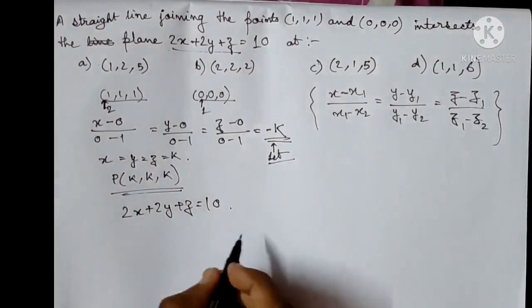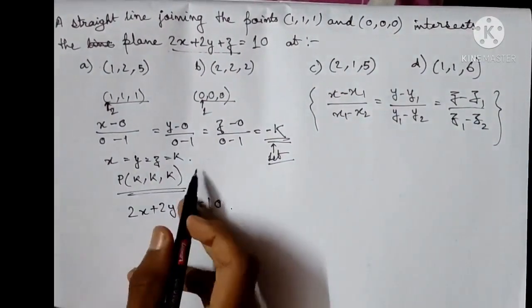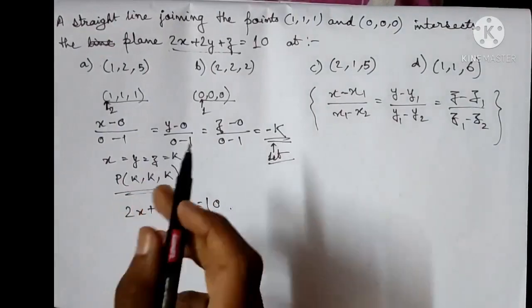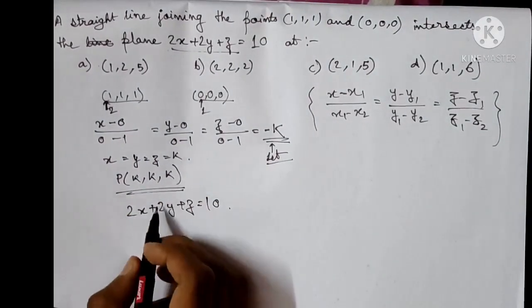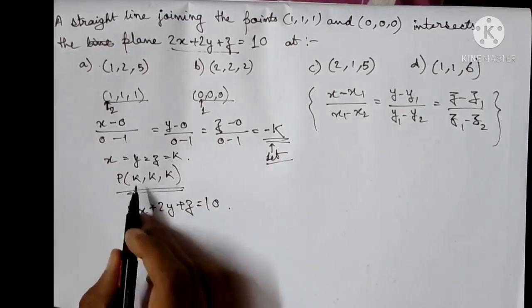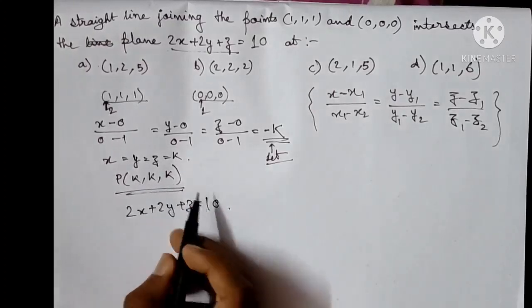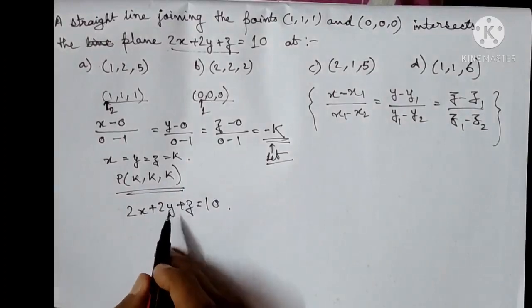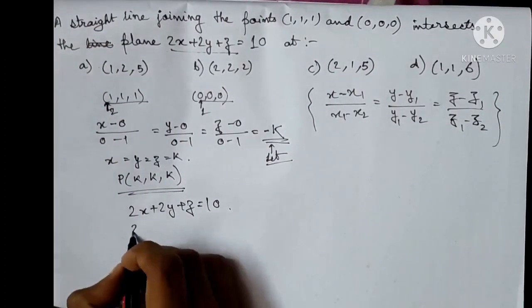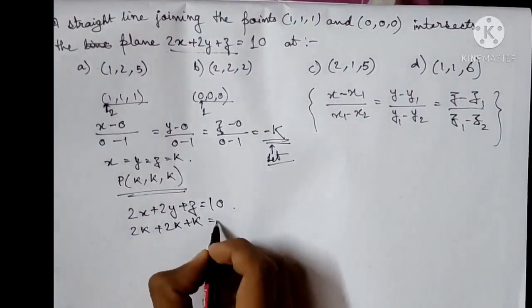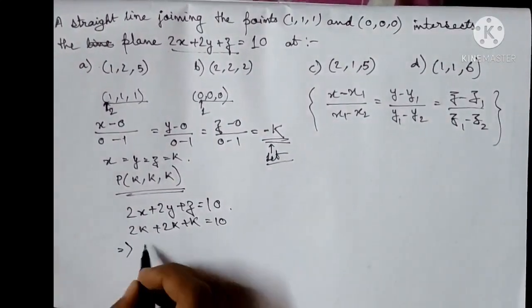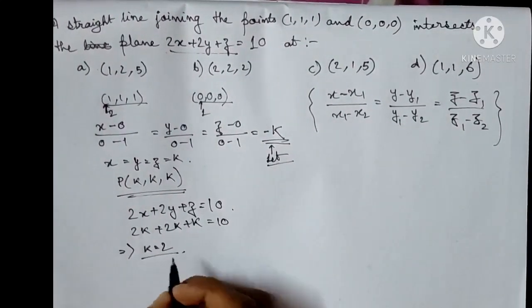Now if this P lies on the plane, then we can substitute (k, k, k) in x, y and z respectively. So 2k + 2k + k = 10. This gives us k equal to 2, right?